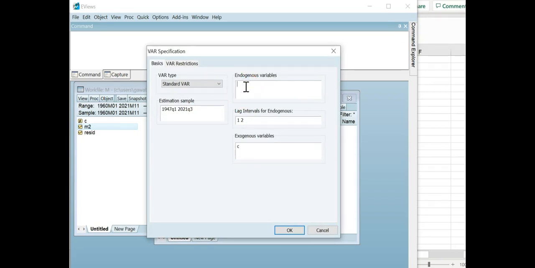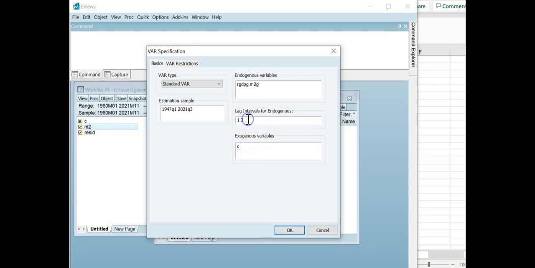We'll just do RGDPG and M2G. So we're interested in whether the money supply affects real GDP. We're actually interested in both, but that's our primary, that's our prior, that the money supply possibly affects real GDP.